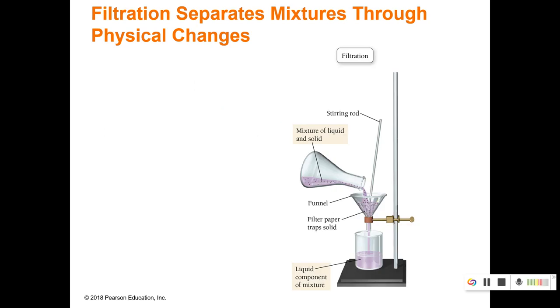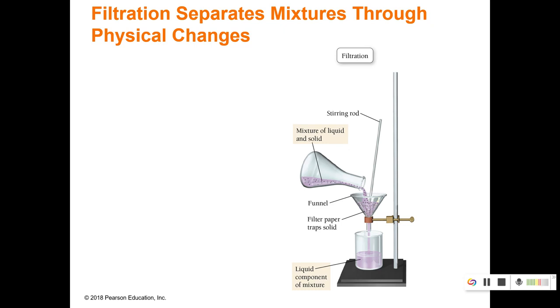Filtration is another way. We normally do some filtering in this class, but because we're in this online environment, that's probably not going to happen this year. We'll do some simulations, but basically we have a liquid mixture. It normally looks like a liquid mixture because it's got those dissolved particles.